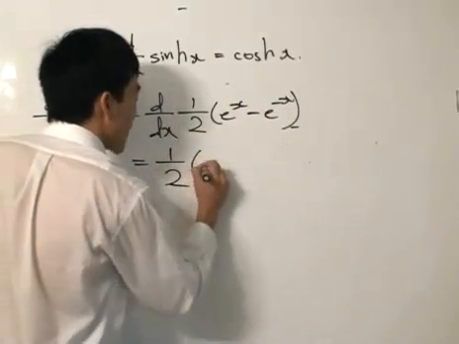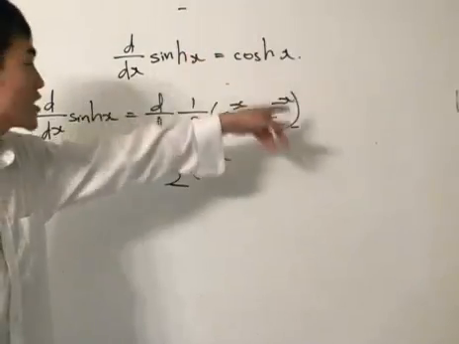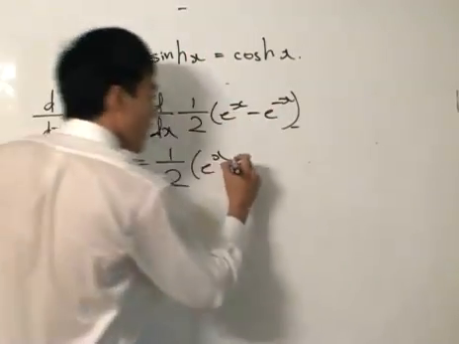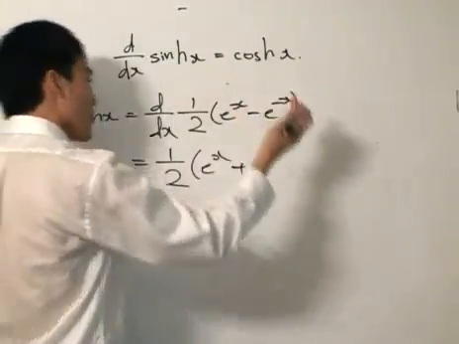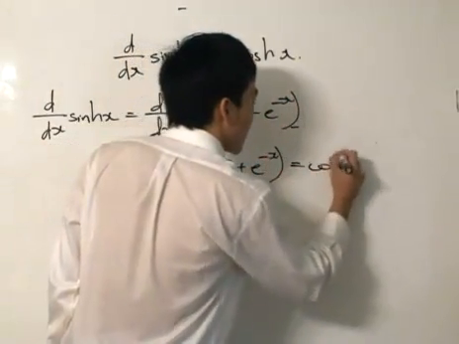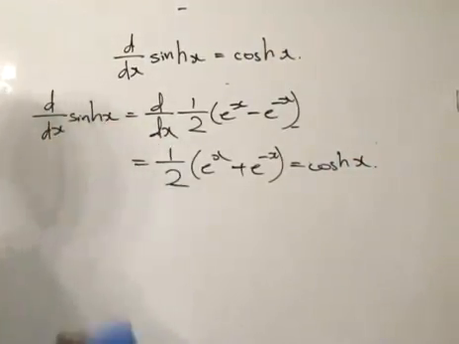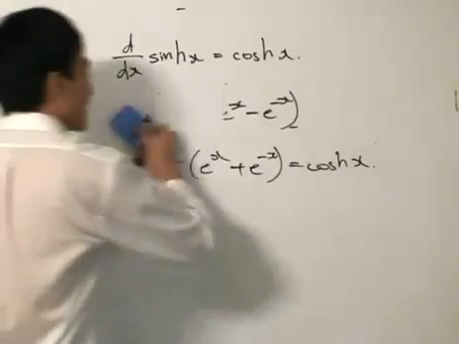Differentiate e^x, I get e^x. Differentiate e^(-x), I get the same thing, but I need to differentiate the power and multiply it, so I'll get a plus, since minus 1 multiplied by minus is plus e^(-x), and this gives us cosh x. Very simple differentiation, quite easy, you might think.